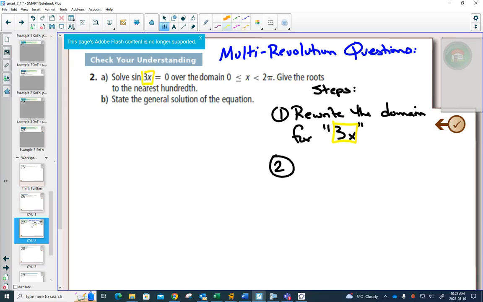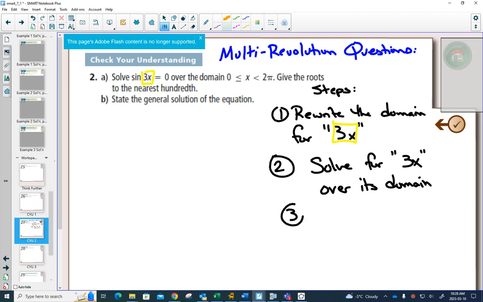We'll write all the steps out first, then we will look at what each of these steps mean. Step 2. Okay? We're going to solve for 3x over its domain, and then step 3, we're going to solve for x.